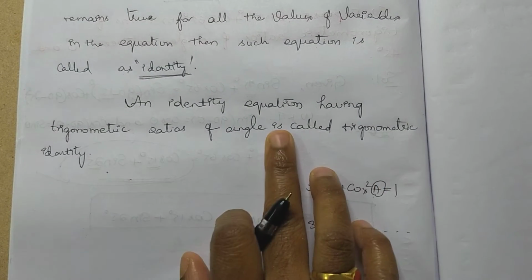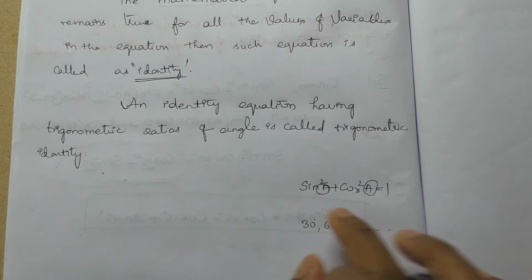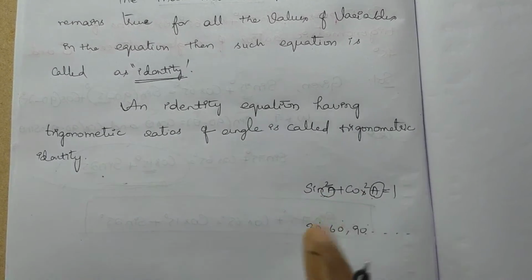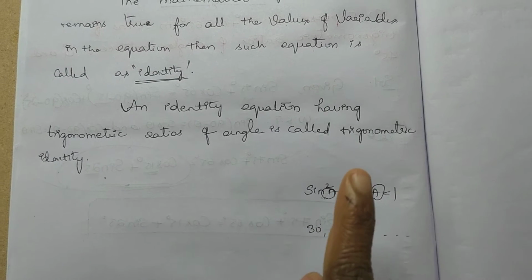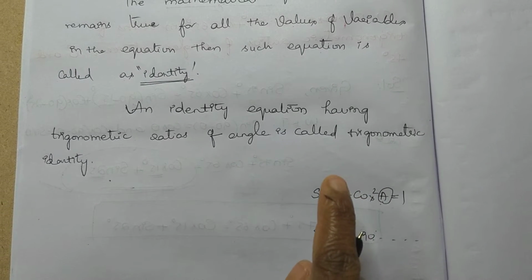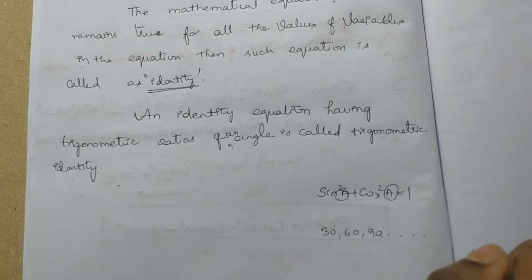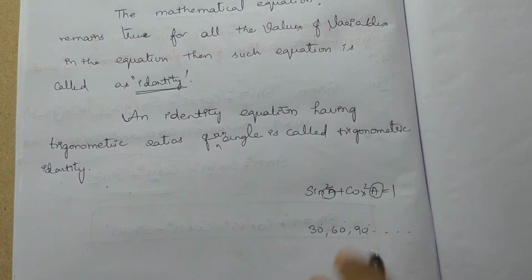So this is an identity equation having trigonometric ratios of an angle, only one angle will be considered here.